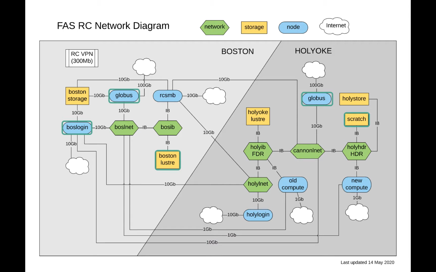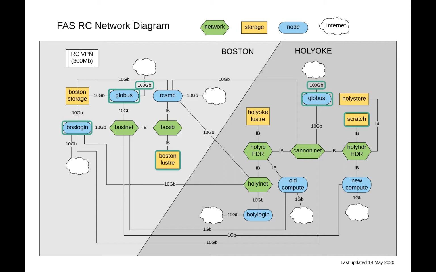But better yet might be the Globus endpoints. They have a 100 gigabit per second connection between the data centers via Internet 2. Even though the bottleneck in that route will be the 10 gigabit per second connection from the Globus endpoints to the routers, it may still be faster overall.